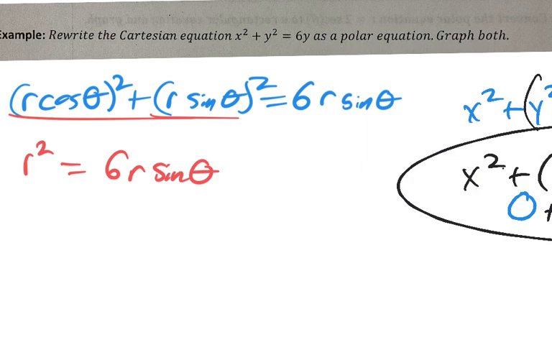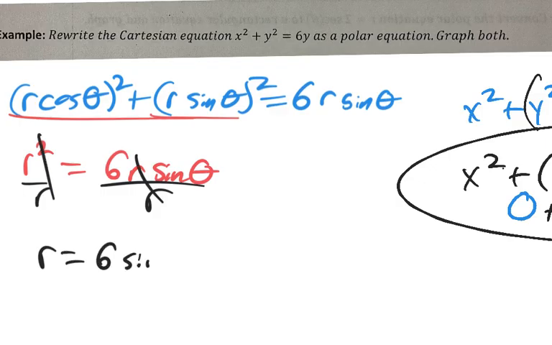If the radius of the circle is 0, it isn't a circle. It's nothing. So, because I'm guaranteed r is not 0, I can divide by r. Yay. This tells me r equals 6 sine theta.